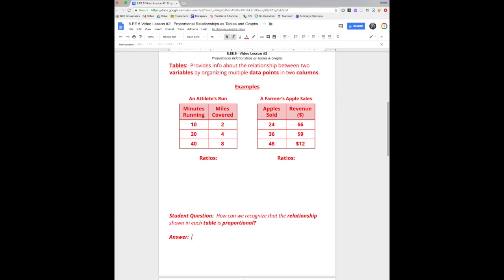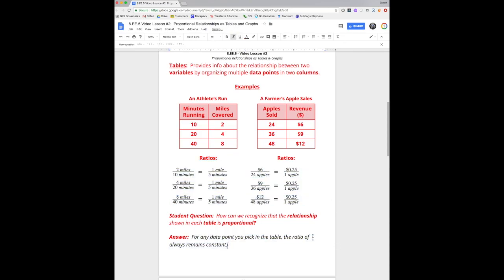Welcome back. The key is to look at the ratios created in the two tables. For any data point you pick in the table, the ratio of y over x should always remain constant if we have a proportional relationship. 2 miles over 10 minutes, 4 miles over 20 minutes, or 8 miles over 40 minutes, those are all ratios that could be simplified down to the rate of 1 mile every 5 minutes.